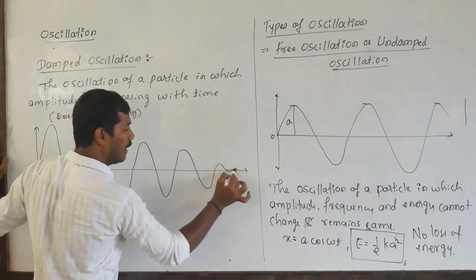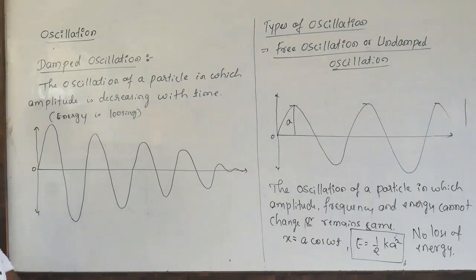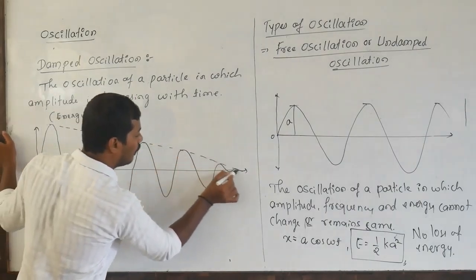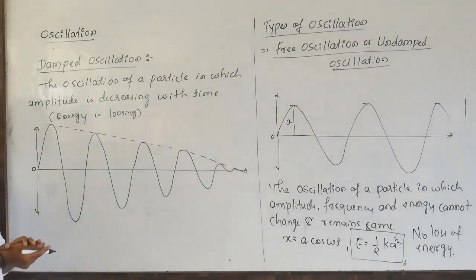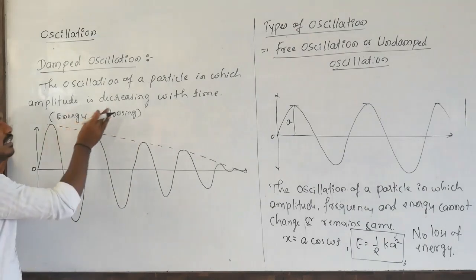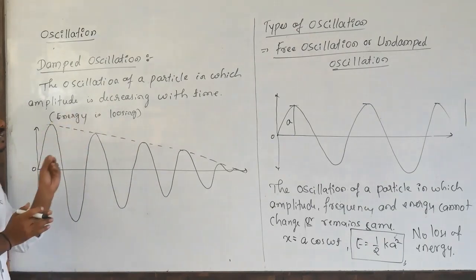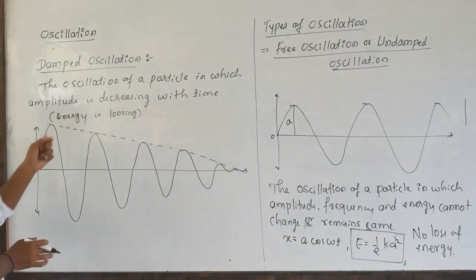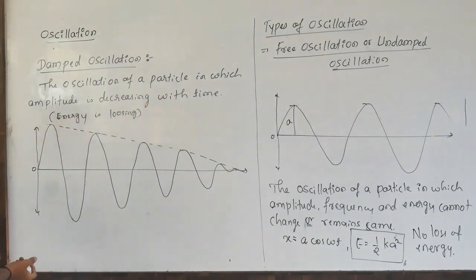Continuously it is decreasing and becomes zero. This is the decreasing amplitude of the particle which is oscillating continuously. It means the amplitude is decreasing, so the energy is also decreasing, and finally it becomes zero. It means the energy is continuously lost.